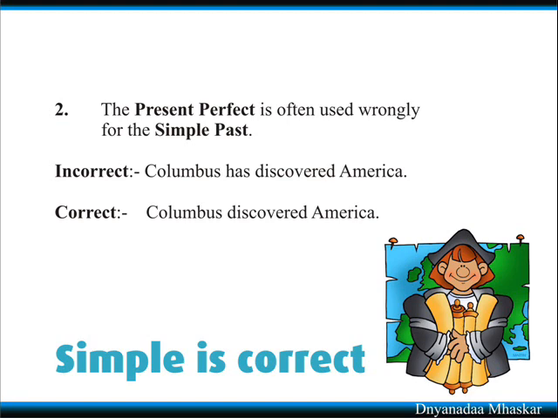Whereas simple past talks about an action that is over. So for example, Columbus discovered America. Is he going to discover America again and again? No. So how can we use present perfect over here? And that is the mistake that many people make here.